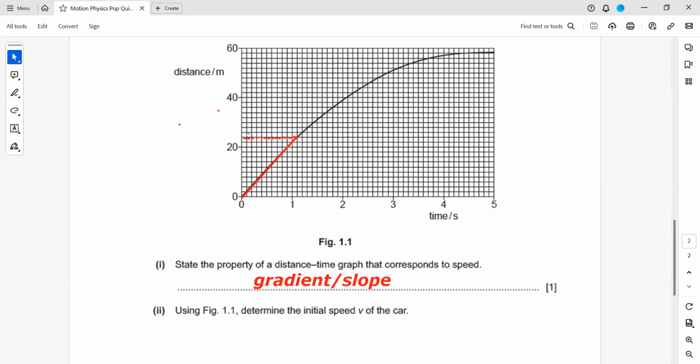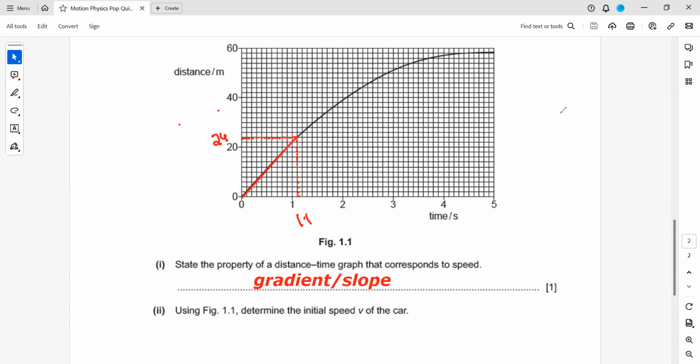So when we work this out, for example, 10 boxes equals 20, so each box is 2, so this is representing 24. And for the time interval, 10 boxes equals 1, so each is 0.1, so this is representing 1.1. I can draw a tangent and work out the gradient of the tangent. As it is starting from the origin, x1 and y1 will be 0. It does not make a difference.